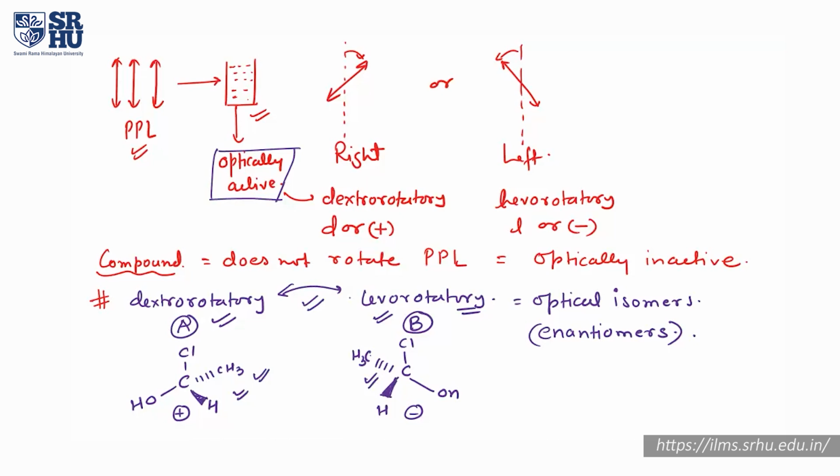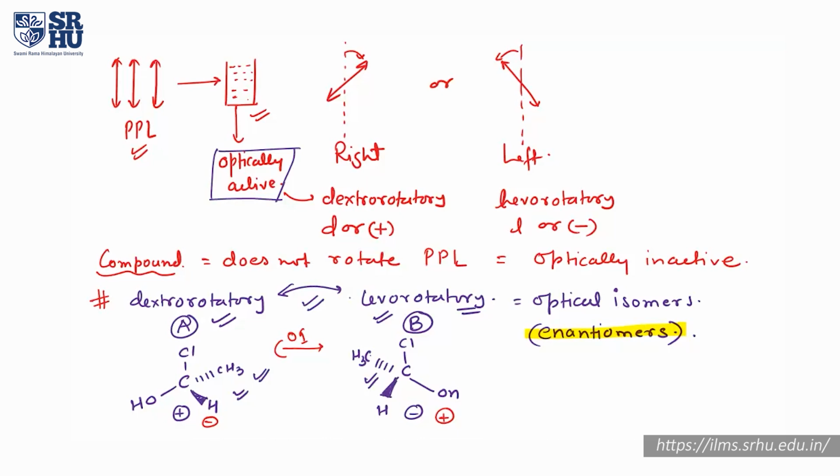Say if this compound is levorotatory, then obviously its mirror image will be dextrorotatory, but both will exist, and these two compounds are optical isomers of each other. They are also stereoisomers, and you must remember that optical isomers are also known as enantiomers.